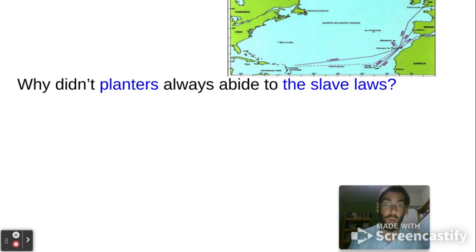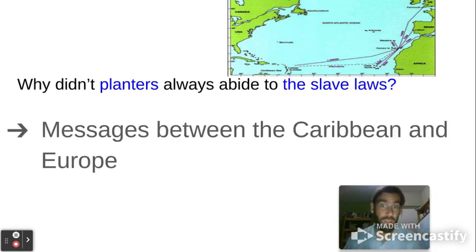Why didn't planters always abide by the slave laws? One, messages between the Caribbean and Europe. You see a map: Canada, USA, the Caribbean, Cuba, Haiti, a part of Belize. We see the great distance between the Caribbean on one side and Europe on the other side.